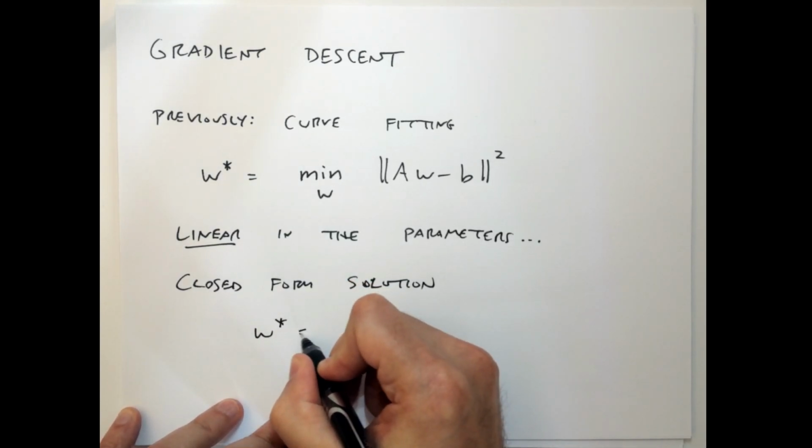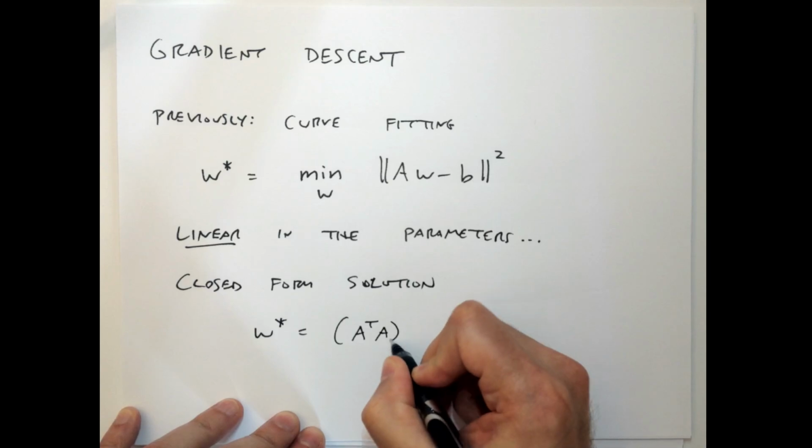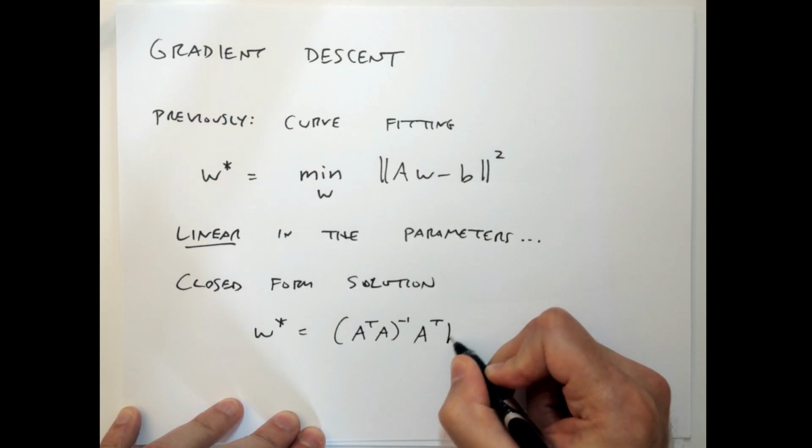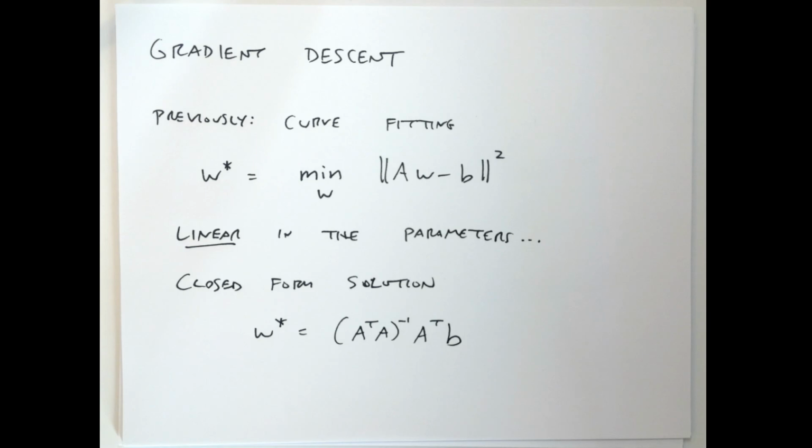We could take this pseudo-inverse and solve exactly for the right W in one step, right? So this is when life is good. When we have a linear system, we can always solve this problem directly, okay?